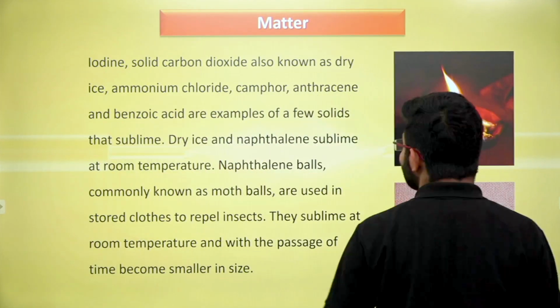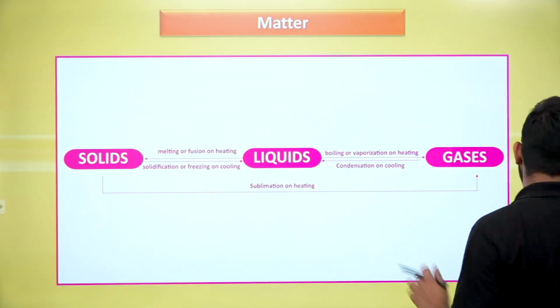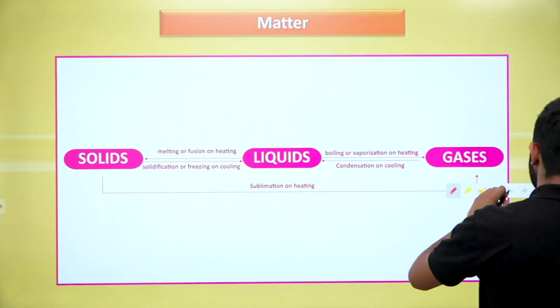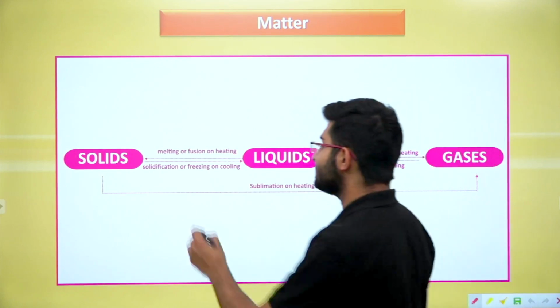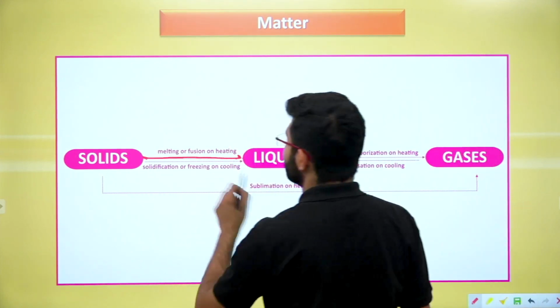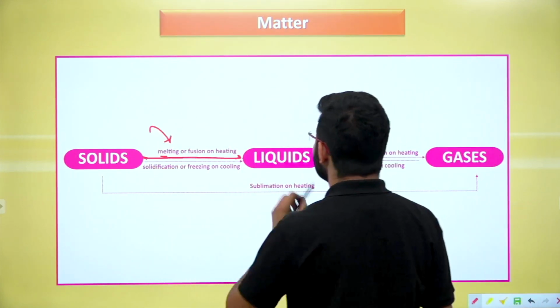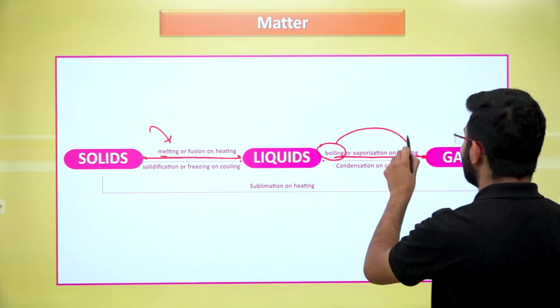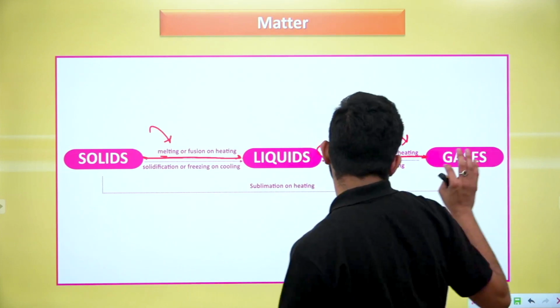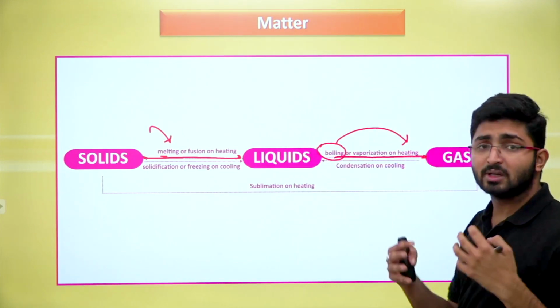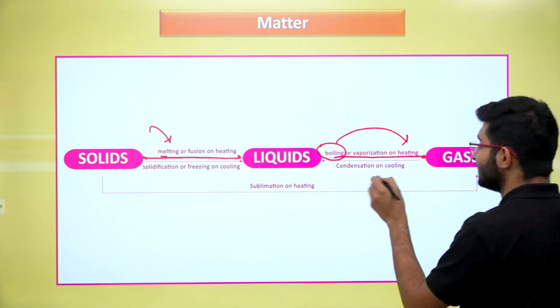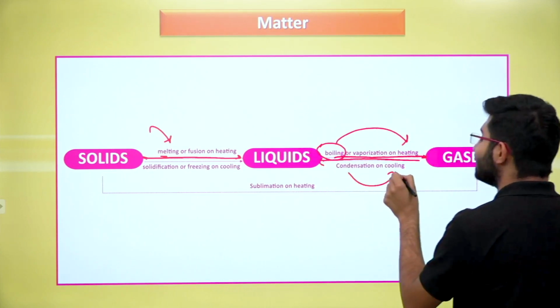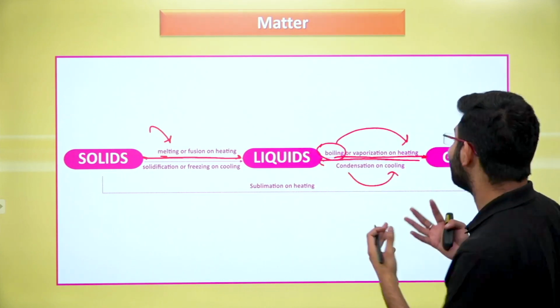Now, moving ahead, you can see that we have the concept map about the conversion of the state of matter from one state to the other. When the solid is changed into the liquid, we call it melting. Liquid changes itself into the gaseous state, so it is boiling, on heating, right? When matter in the gaseous state changes itself into the liquid, it is known as condensation, which happens on cooling.